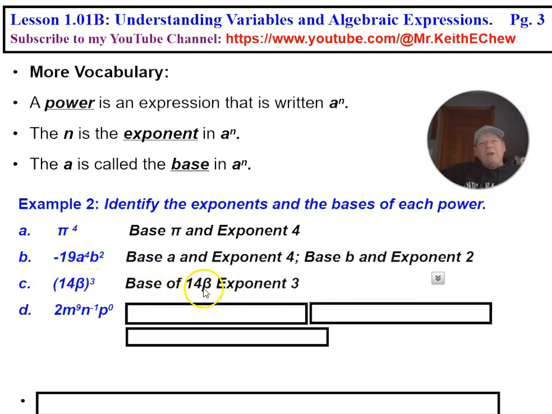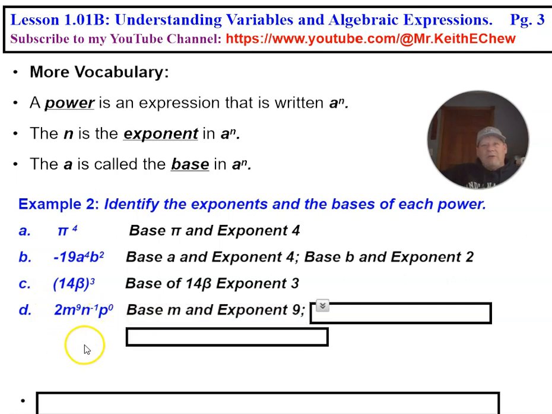So the base is 14b with exponent 3. Now this 2 ends up being the coefficient in 2 m to the 9th n to the negative 1 p to the 0th. But something else is going on here that we'll talk about in a minute because it's an important algebra lesson. 9 would be called the exponent and m would be the base with exponent 9.